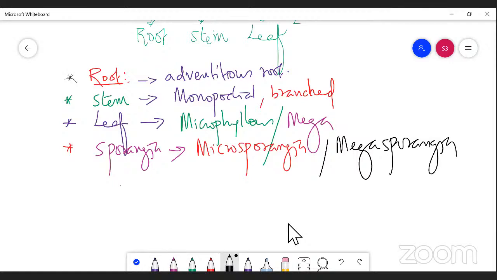So simply, the sporangium is generally of two types. The first one is eusporangiate.